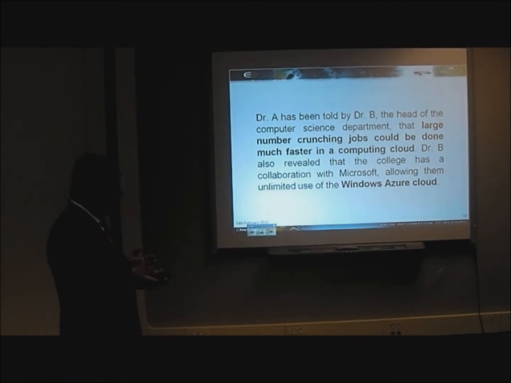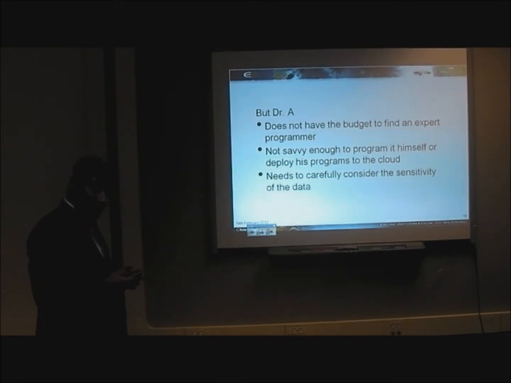The problem here is that Dr. A, first, doesn't have the budget or the money to hire programmers and expertise that is required to move the program. Two, he's not savvy enough to write it himself. Three, he is worried about the sensitivity of the data. Not all experiments can be processed in the cloud. He could do some of them, but not all of them.